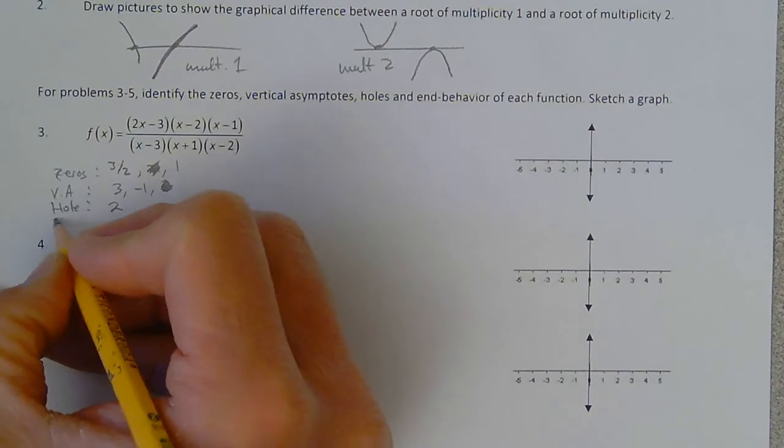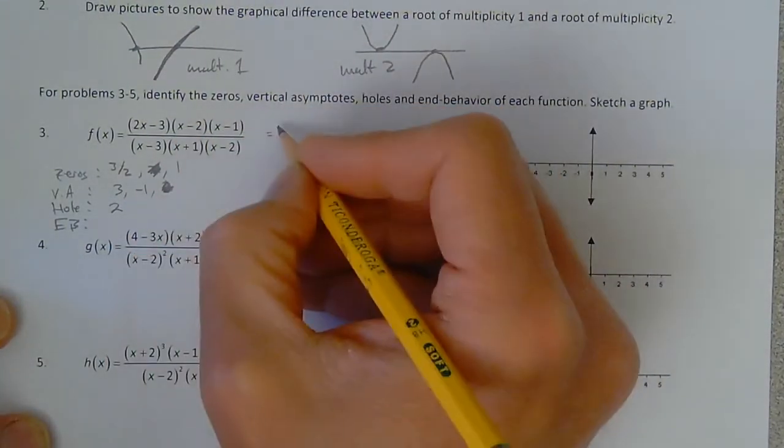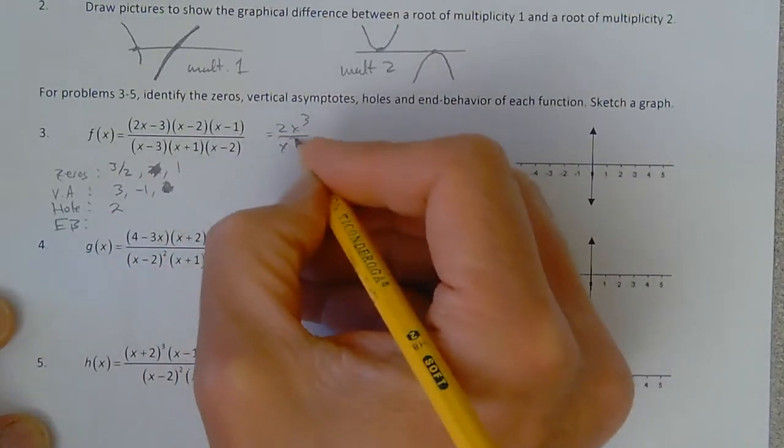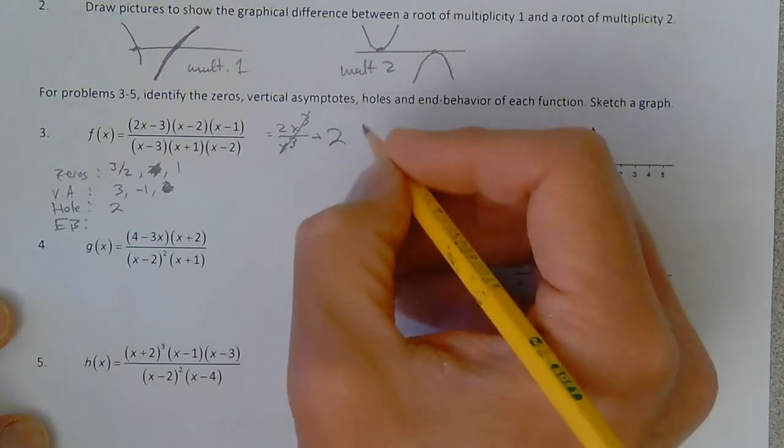And the end behavior of this graph: in the numerator is a 2x cubed, and the denominator is an x cubed, which simplifies to a 2.